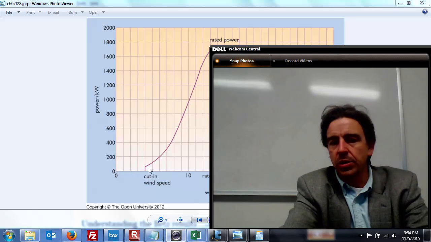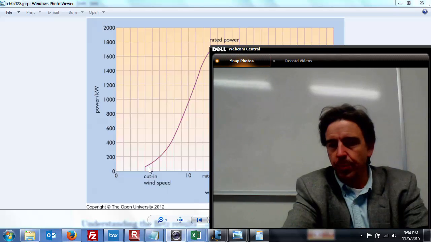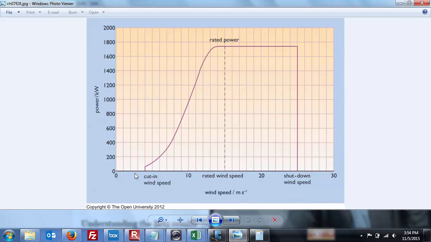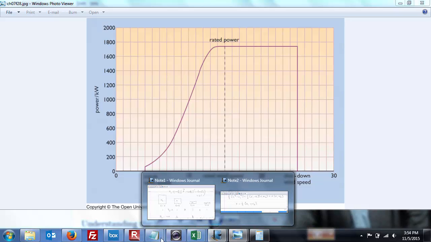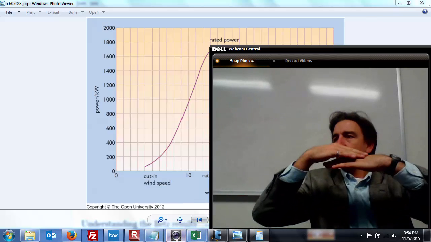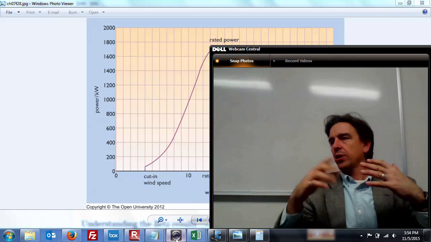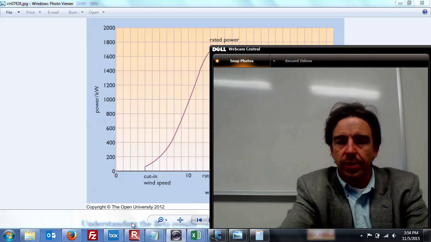That's what's known as the cut-in wind speed. So all of a sudden, it's not spinning at all, and then it gets enough, and it moves from the static coefficient of friction, which is always higher than the dynamic coefficient of friction. It gets up and moving, and there you go.